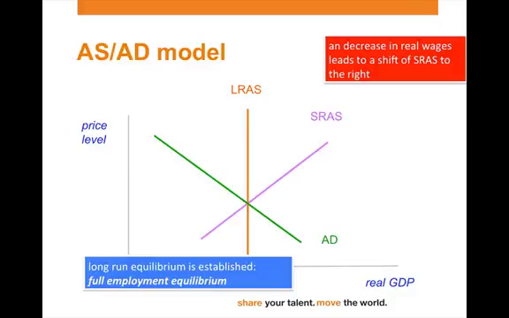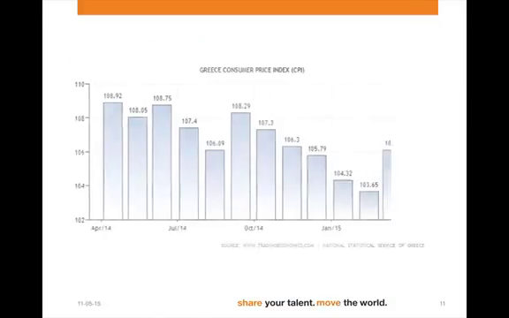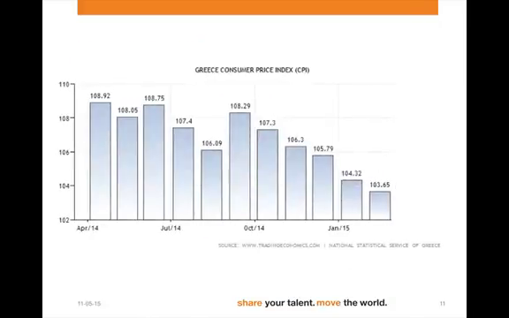In short, because the Greeks accept lower wages, they will become more competitive and will be able to sell their goods at lower prices. This could lead, for example, to more exports. If we then look at, for example, price level, we can see that the price level in Greece is indeed falling.